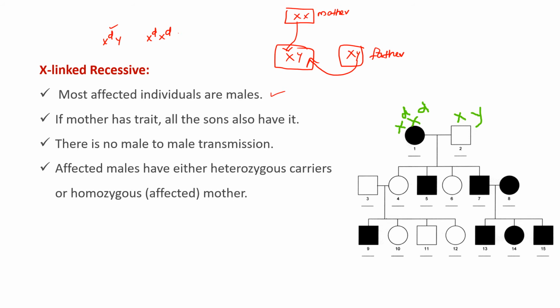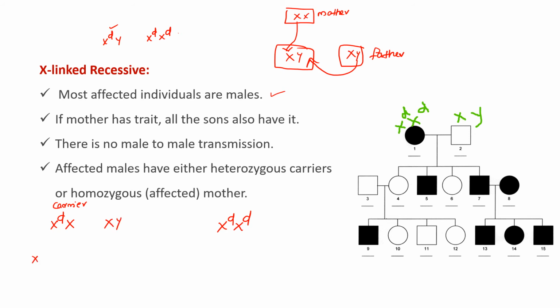And fourth point, affected males have either heterozygous carriers. Heterozygous carriers means XDXd or homozygous affected mother. Affected mother means XdXd. So let's do a cross between carrier mother and normal father.